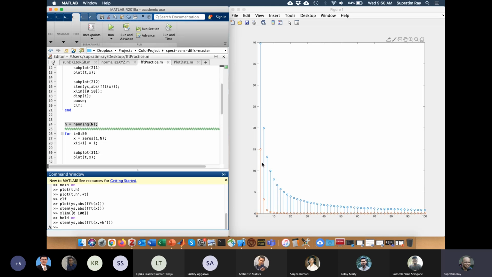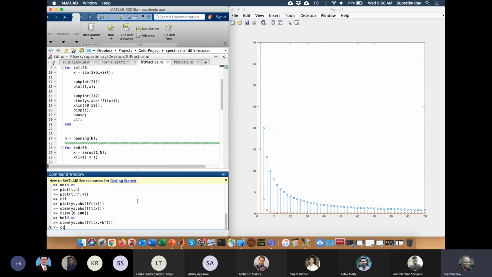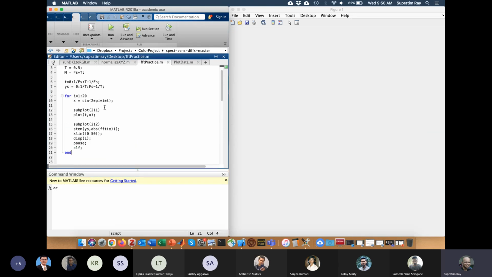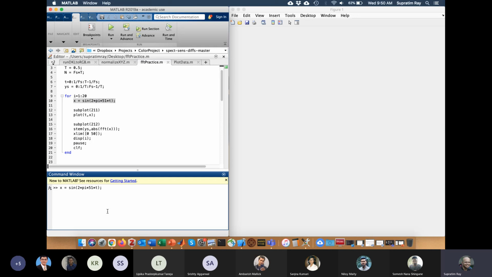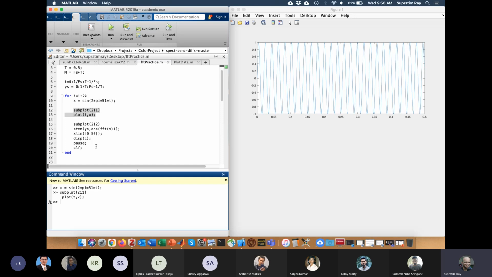Actually, let me show you the sinusoid, and then it will probably make more sense. So remember, if I create a sinusoid at, let's say, 51 hertz, so I create a sinusoid at 51. I'm plotting that here. That's my 51 hertz sinusoid.